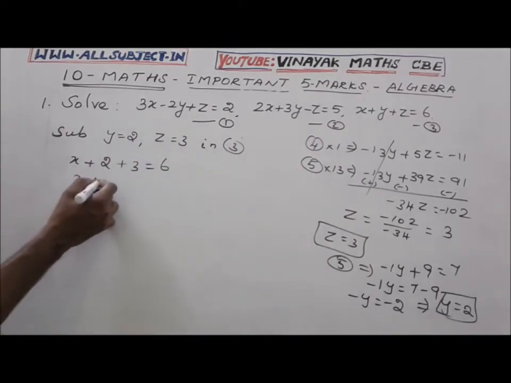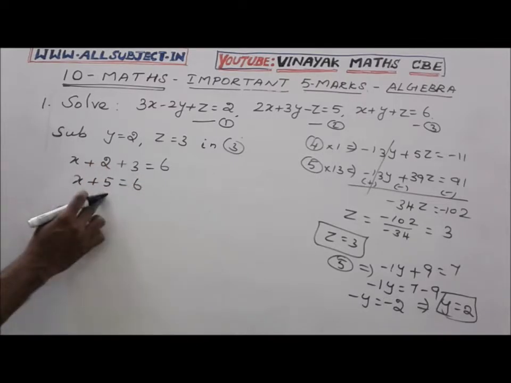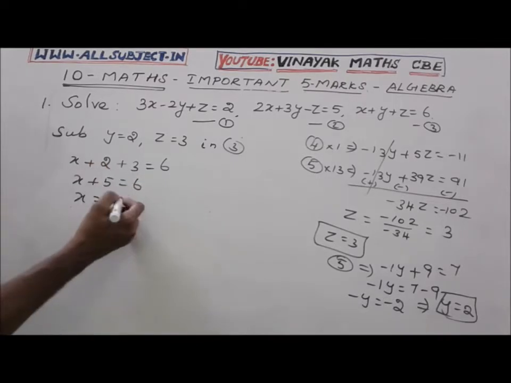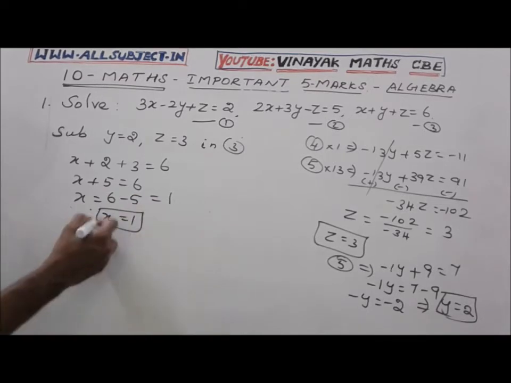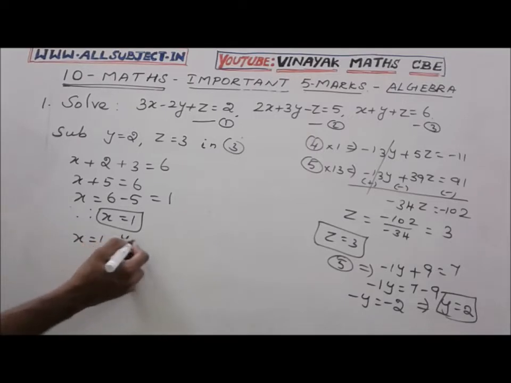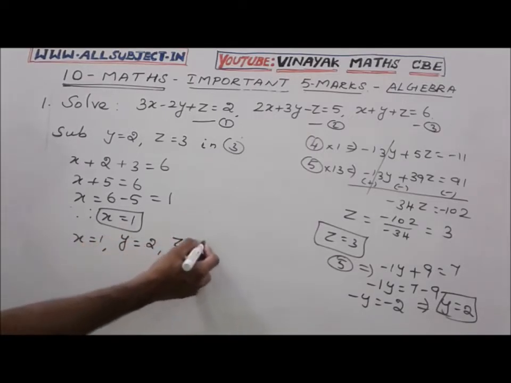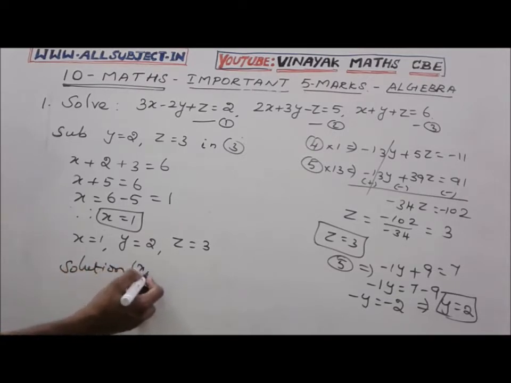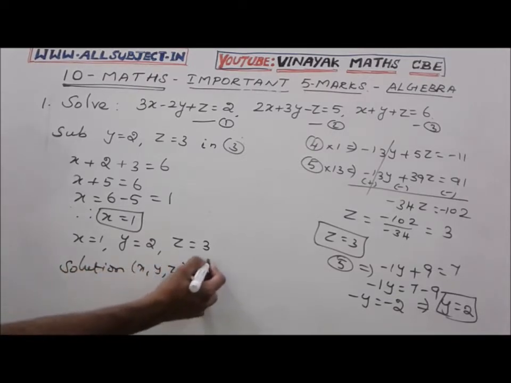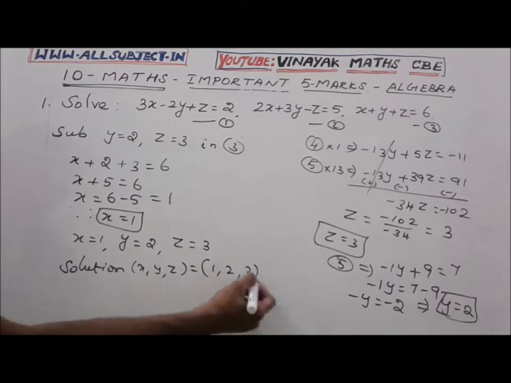So x plus 5 equal to 6. Now x is equal to 6 minus 5, equal to 1. Therefore x is equal to 1. So we have x equal to 1, y equal to 2 and z equal to 3 as the solution. Therefore the solution (x, y, z) equals (1, 2, 3).